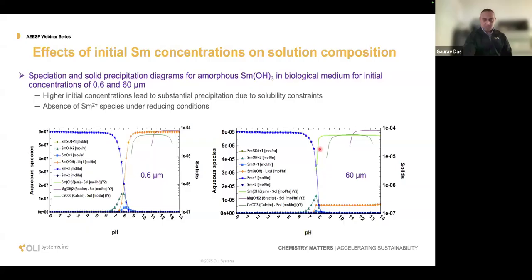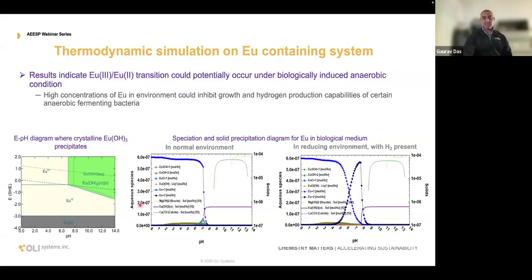One thing important to note in all these simulations, whether aerobic or anaerobic, is that there is no appearance of samarium 2+ ion in the aqueous phase, but it changes as we shift the system from samarium to europium. So in the Pourbaix diagram of europium, at low pH, europium 3+ is the dominating solution species, as we did see for samarium.